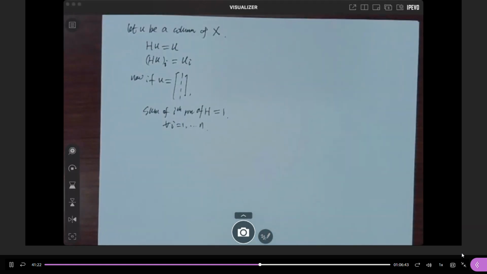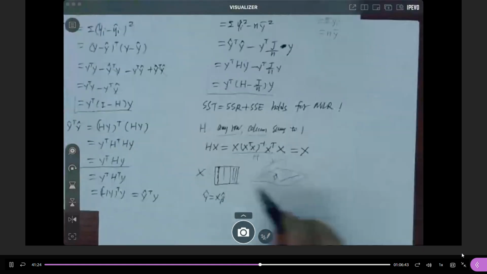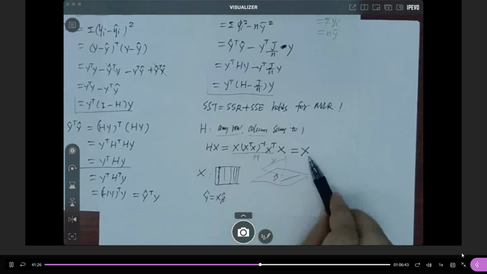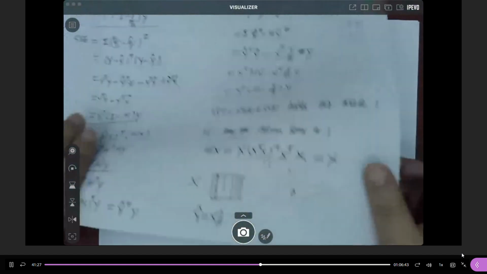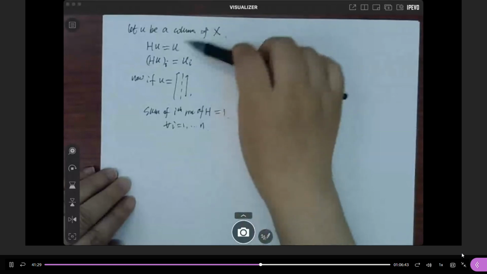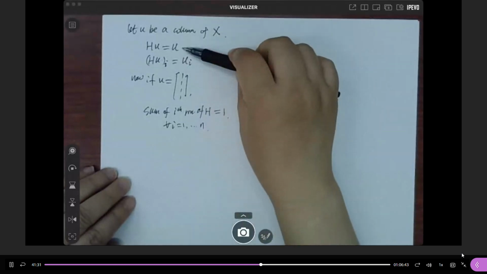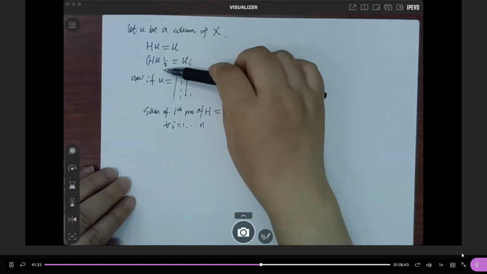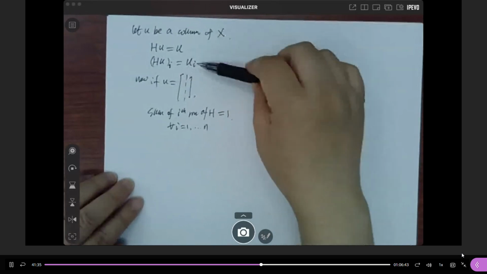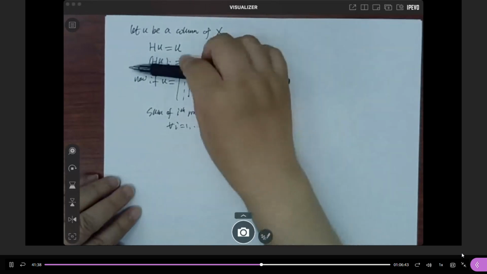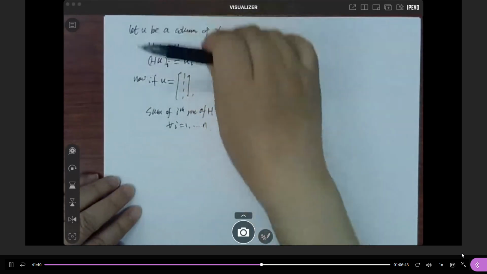So the first is the most general: HX equals X for the whole matrix. Then you take any column, this still holds, and this still holds for every element of this vector. These are general, applied to any column.